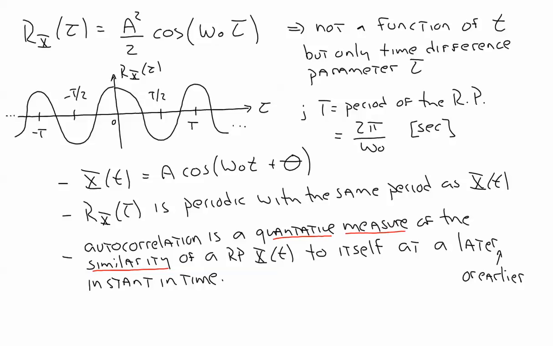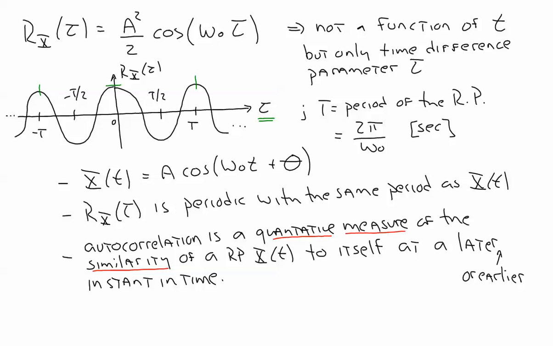So, if we look up here, when my shift parameter, or delay parameter, tau, equals 0, my autocorrelation function is at its peak. And 1 period later, I'm back at the peak. 1 period in the past, I'm at the peak.